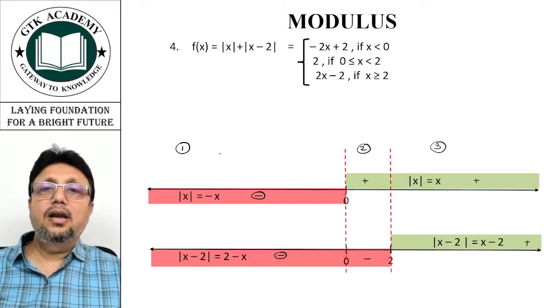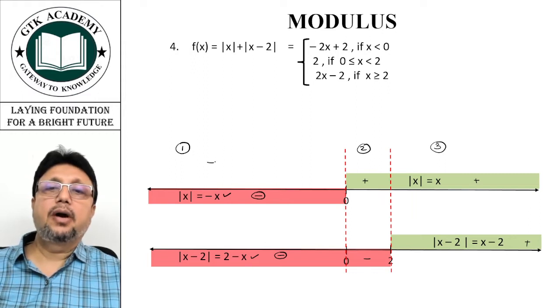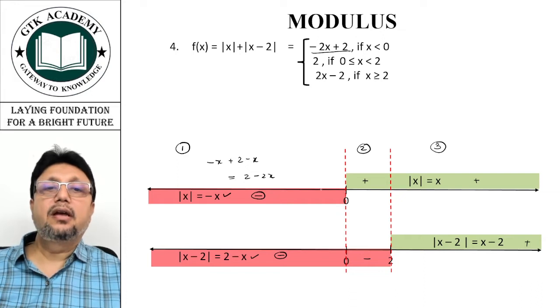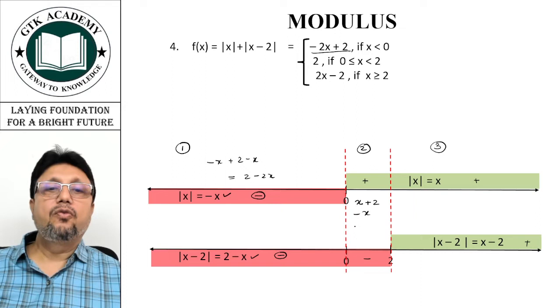So in region 1, |x| + |x − 2| will be −x + 2 − x, which is equal to 2 − 2x. So this is what we have written here. In region 2, |x| will be x, but |x − 2| will still be 2 − x, so x plus 2 minus x, which will be 2. x will cancel out.